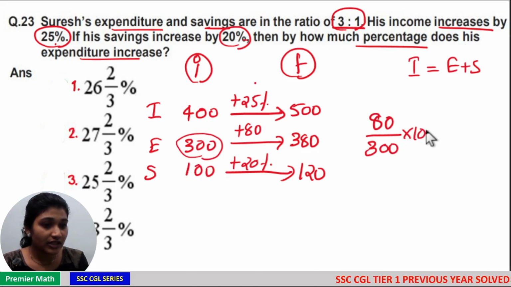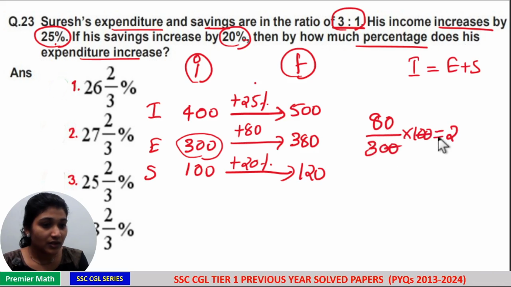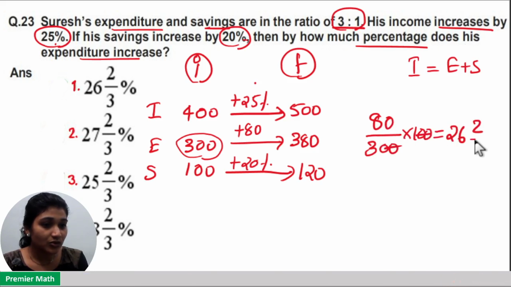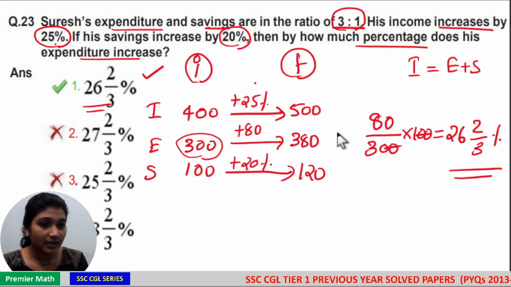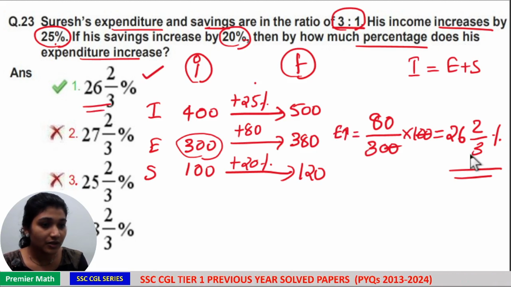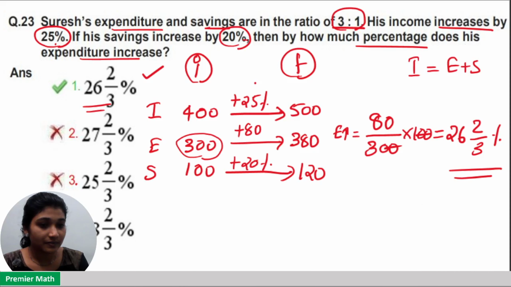Then if you convert it into percentage, here 80 by 3: 3 goes 2 times in 6, 6 times in 18, remaining 2 by 3. So 26 and 2 by 3 percentage. Option 1 is your answer. So here expenditure increases by 26 and 2 by 3 percentage.